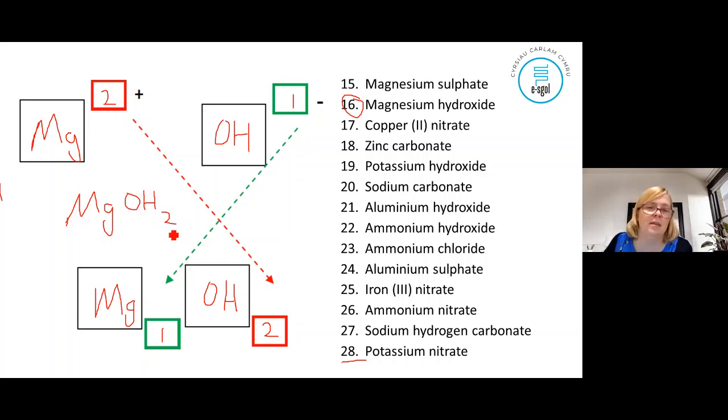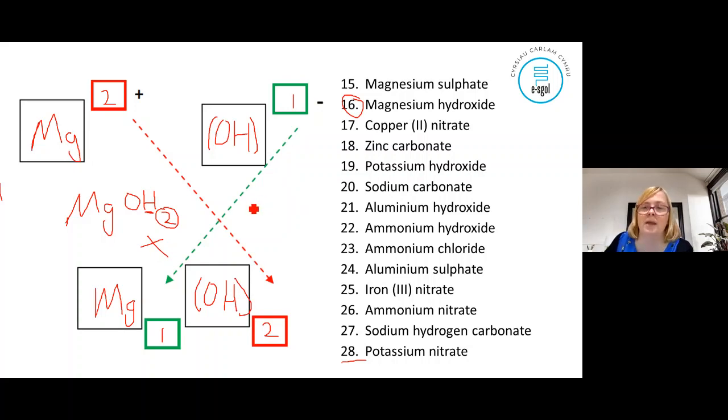The issue with that is that that 2 here will only multiply this final atom that comes before it. Okay, and that's not correct, because what you're trying to do is multiply the hydroxide ion. You're trying to multiply the whole thing. So in this instance, those brackets are essential. Okay, so that is very much wrong.